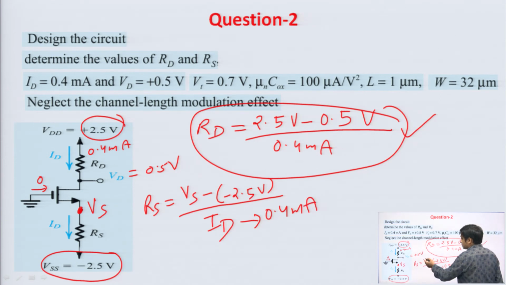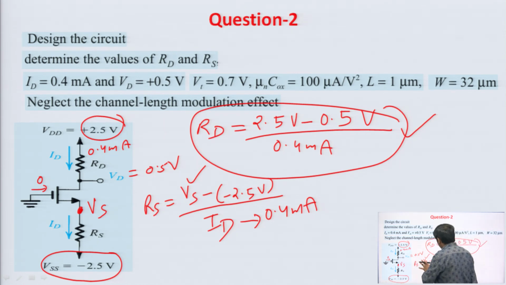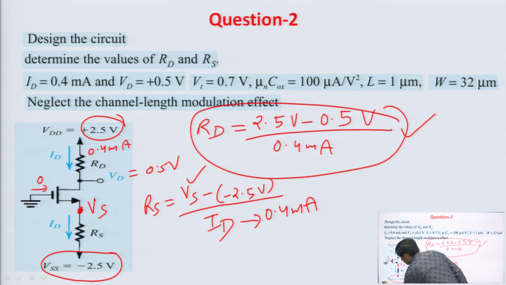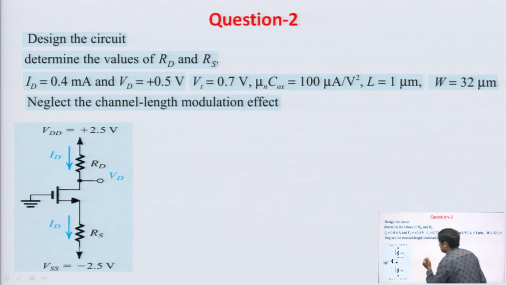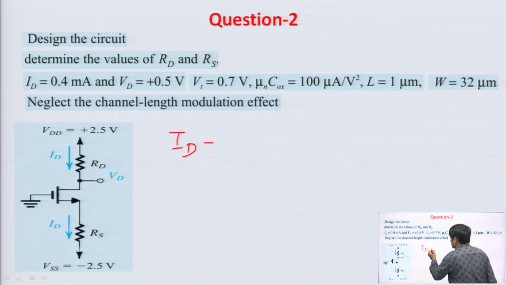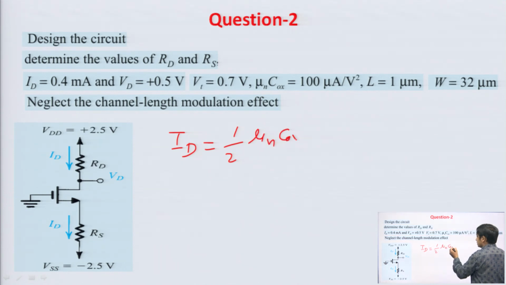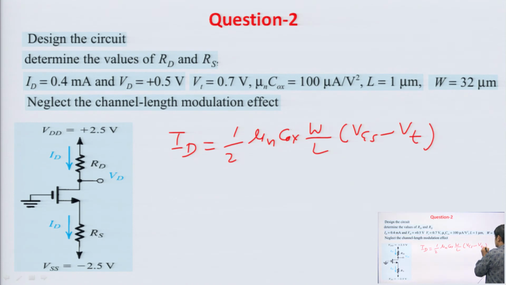Now, the problem can be solved if we know the value of Vs, and Vs is not given. So, we have to calculate the value of source voltage Vs, and we know that the MOSFET is in saturation region, fine. Up to this I hope it is clear to you. Now, the drain current equation in the saturation region is ID equals 1 by 2 mu n Cox W by L times Vgs minus Vt whole square.